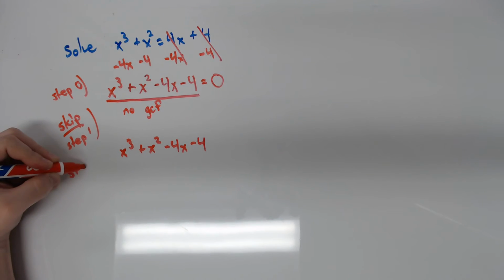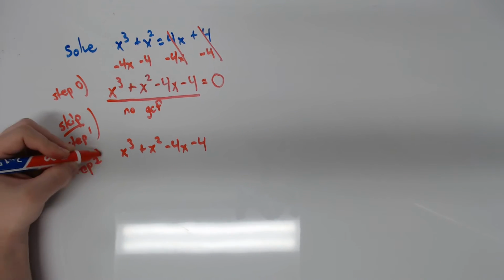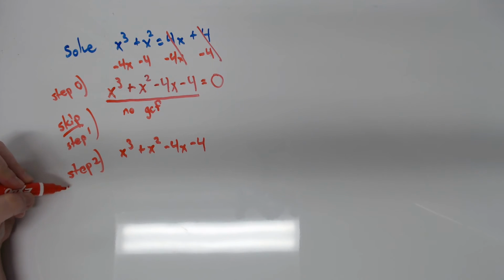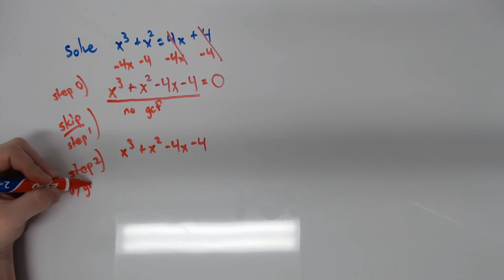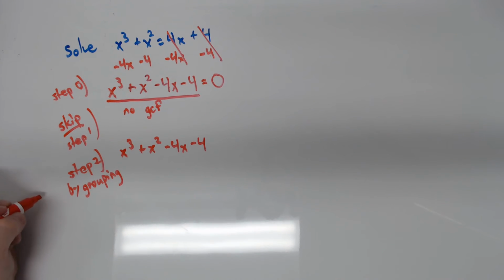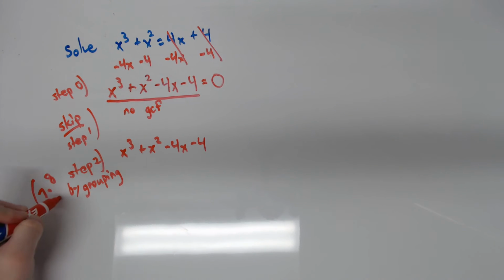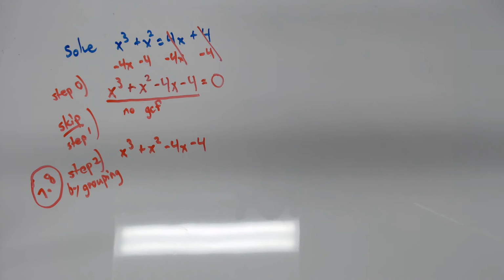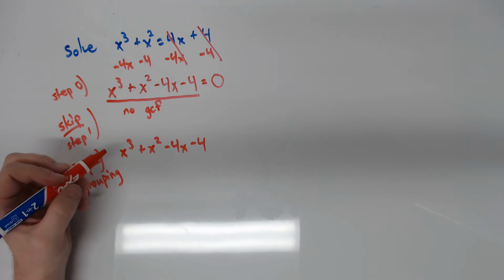So this is step 2 in the factor by grouping section. So if you need a refresher on this, this is from lesson 7.8, which is what we started before we started really factoring quadratics.